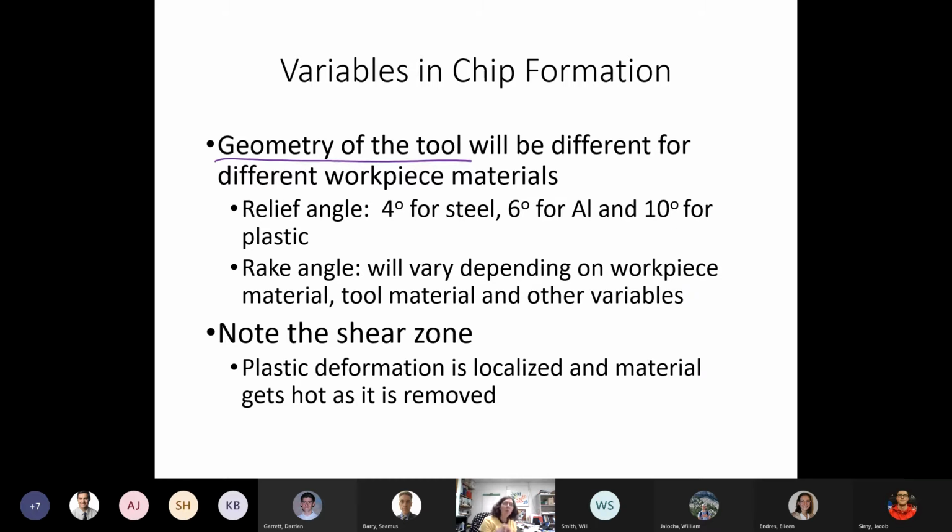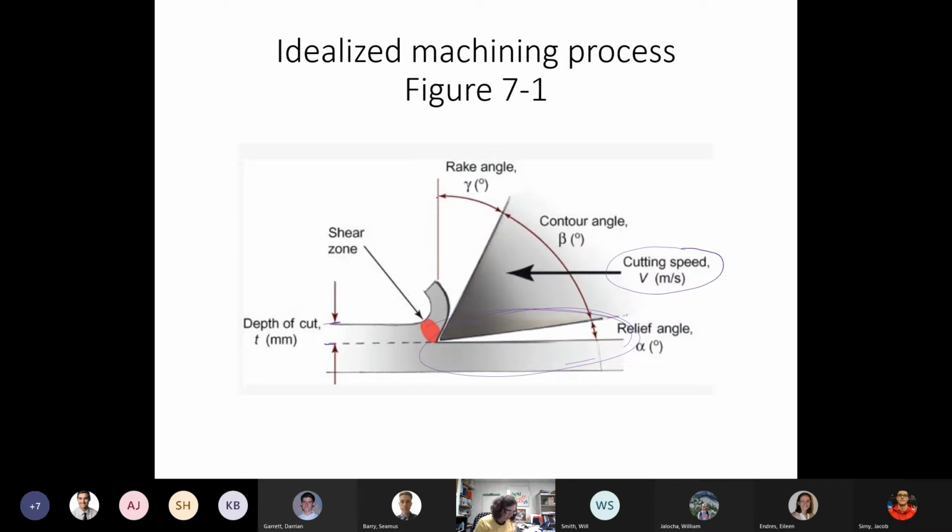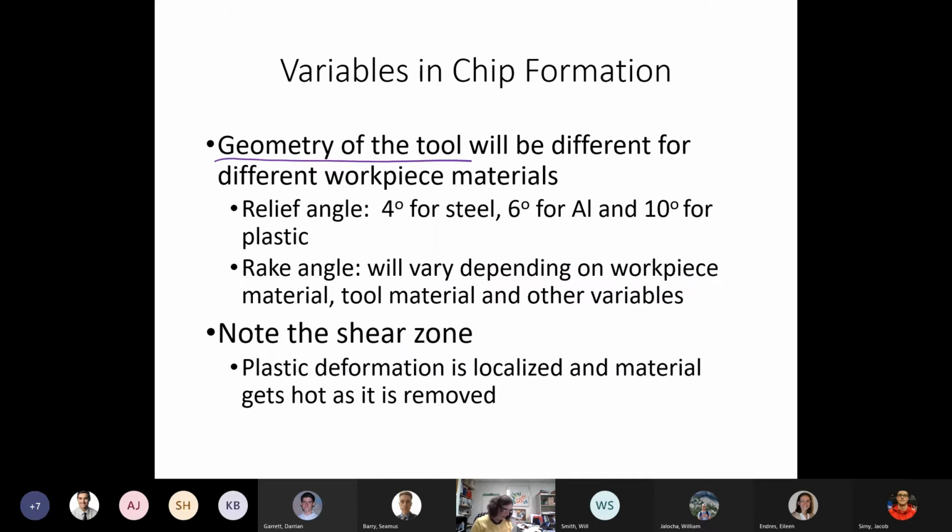That means the tools we use for one material may not be optimal for another material. So the geometry of the tool may change with workpiece materials. And the rake angle, which we often see when we start looking at specifications for tools, will depend on the tool material, the workpiece material, and some other variables.